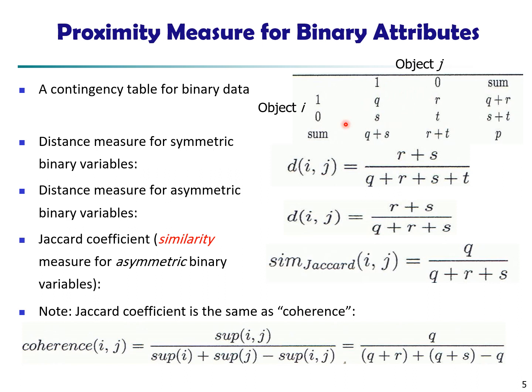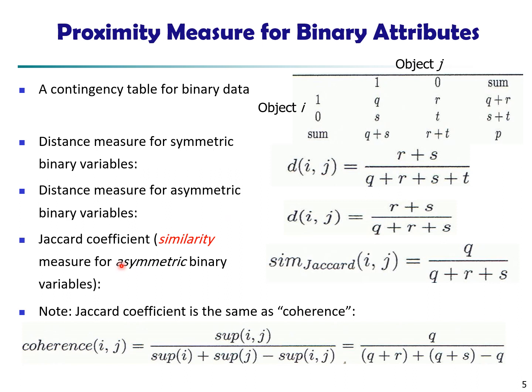I will explain in a minute how we calculate Q, R, S, T through an example. Once you have these values and you know this formula, you are able to generate a dissimilarity matrix depending on the type of variable, if it's symmetric or asymmetric.